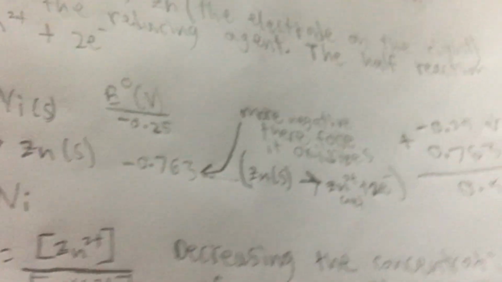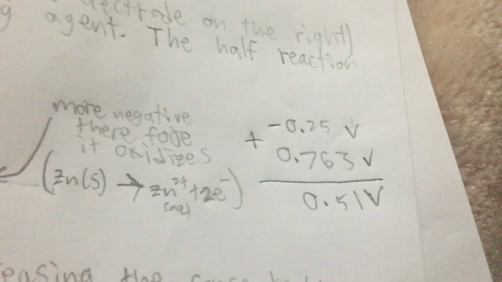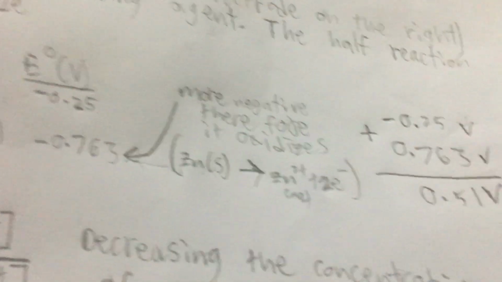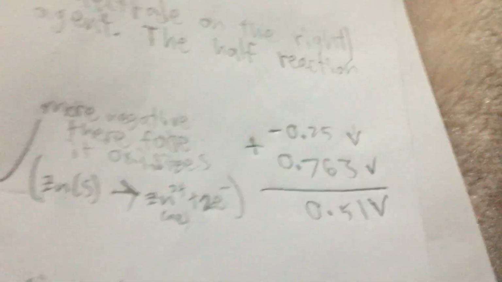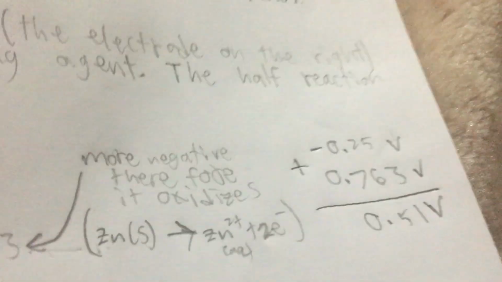Essentially you just add negative 0.25 and 0.763 because you switch it, and you get 0.51 volts for the standard cell potential.